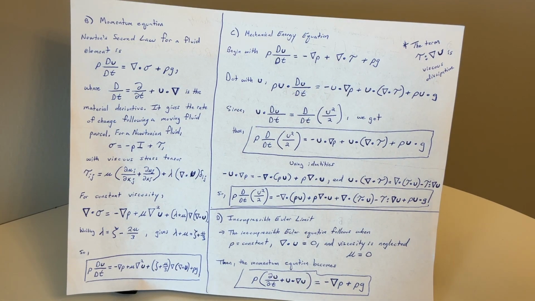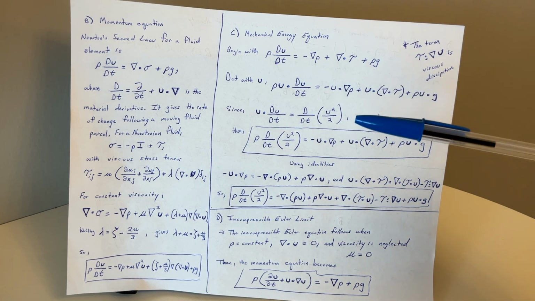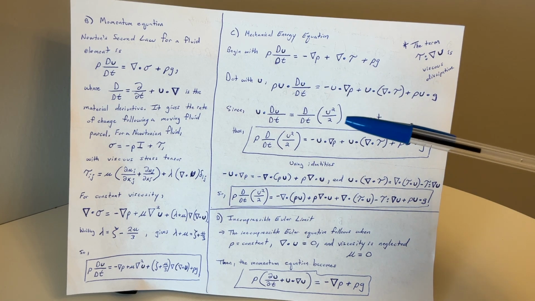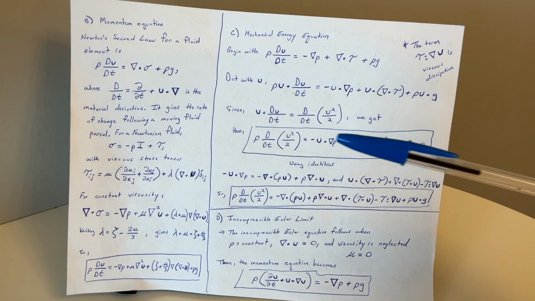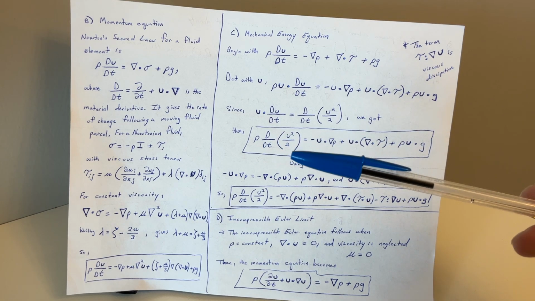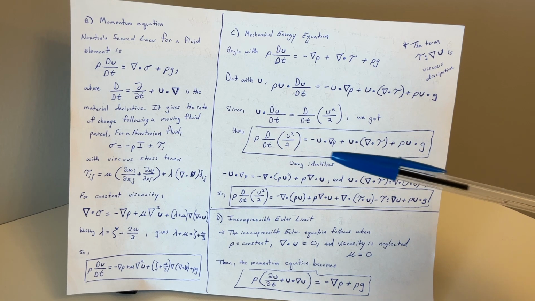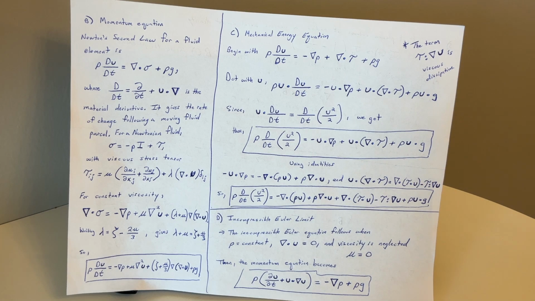Okay, and this is textbook stuff. That's why I'm just going over it quickly. This u dot Du/Dt equals this, and we wind up with rho D/Dt of u squared over 2 equals this whole quantity here. A lot of words, but the symbols, I'm assuming you know what they mean, and you've taken this course.